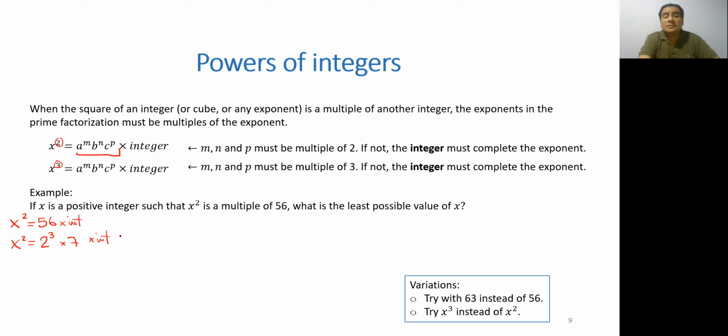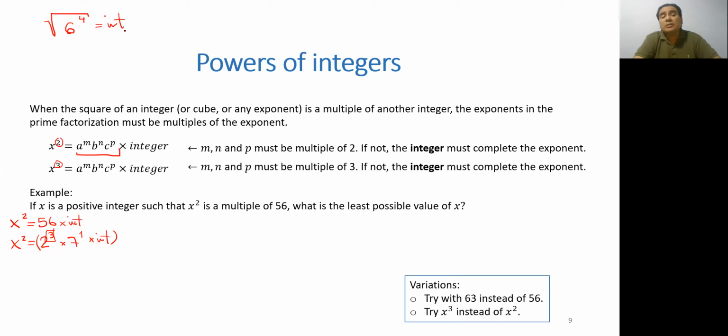Well, from this, you know that this side of the equation should be the square of x. But how could it be the square if these exponents are not divisible by 2? For a number to have a square root that is also an integer, the exponent should be divisible by 2, right? Example, 6 to the 4th. I know that when I take the square root of this, I will get an integer.